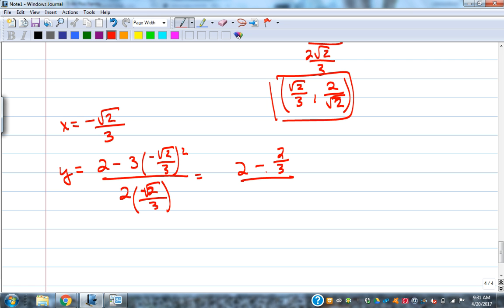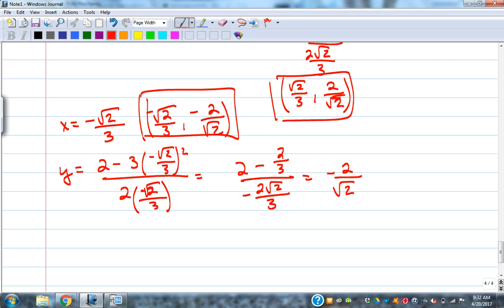So same numerator, but a negative denominator. So that just means it's going to be negative 2 over square root of 2, because everything else is the same. Just changing the sign. So the ordered pair that goes with that would be negative square root of 2 over 3, negative 2 over radical 2.